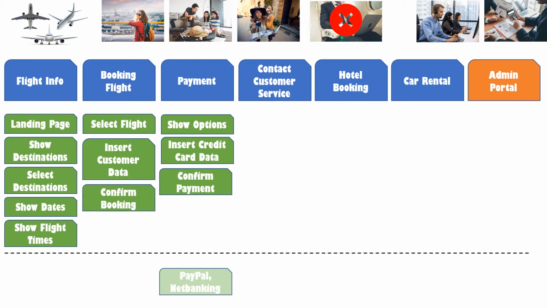But in addition, you might consider, okay, maybe these credit cards are fine, but in a later phase, people may want to pay with other means, like using NetBank or PayPal or whatever services could be available for them.